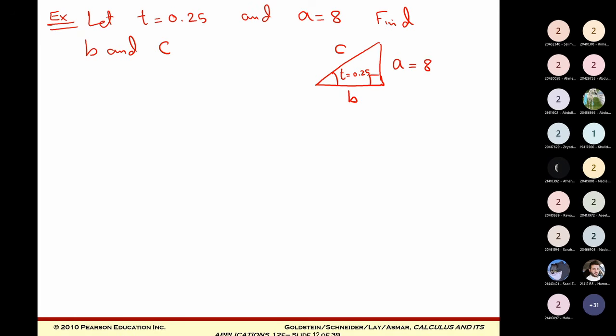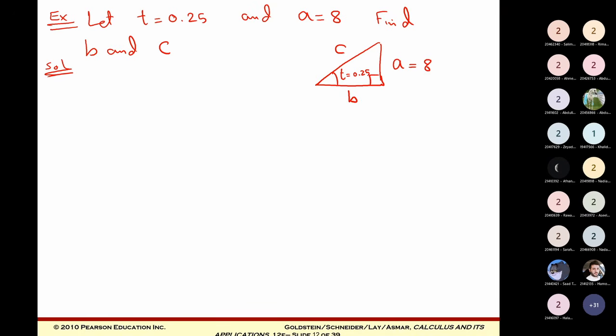This is in radian or degree? If we have degrees, we must put a circle above the number, but this is 0.25 without a circle, so this is radian.